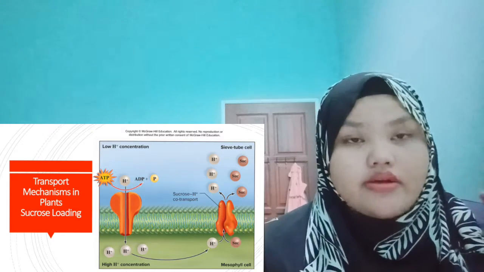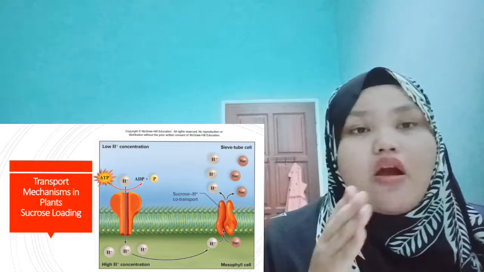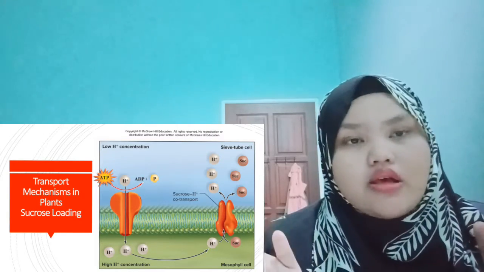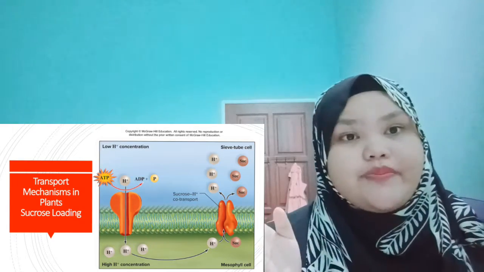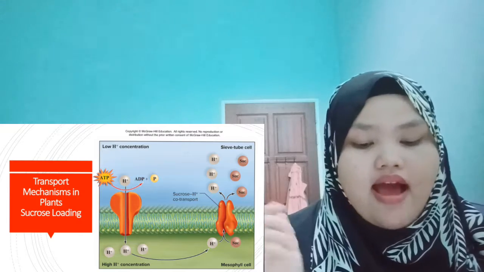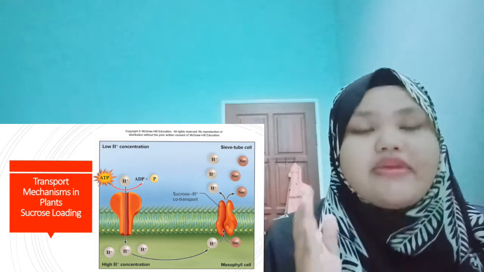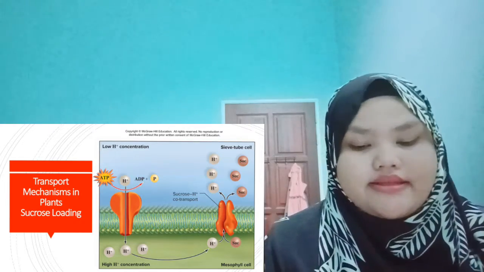Active transport or loading of sugar into phloem depends on H+ ions moving from lower concentration to high concentration. H+ ions, or hydrogen ions, are actively pumped out of the mesophyll cell so they can be transported with sucrose into sieve tube cells.